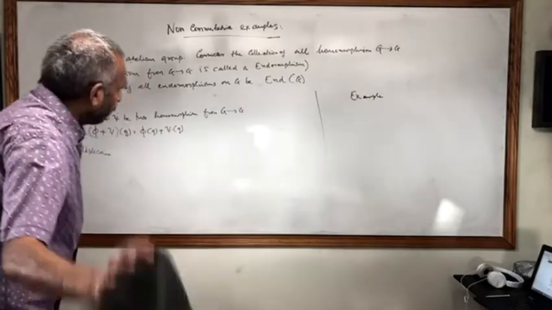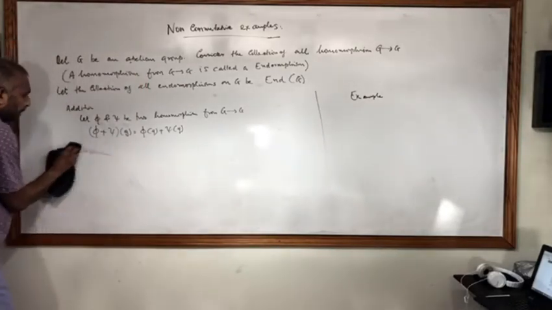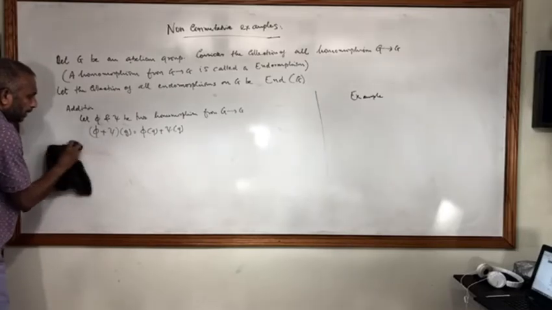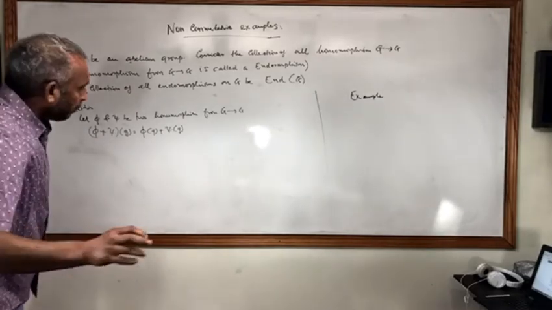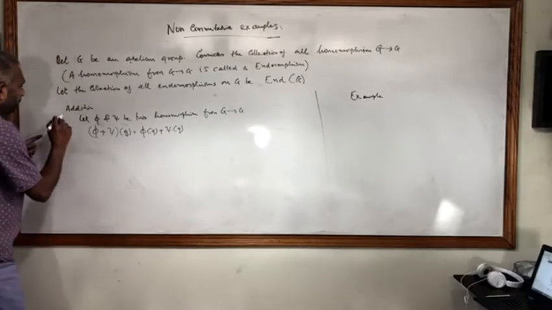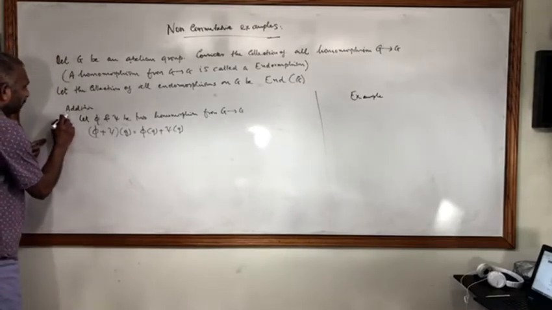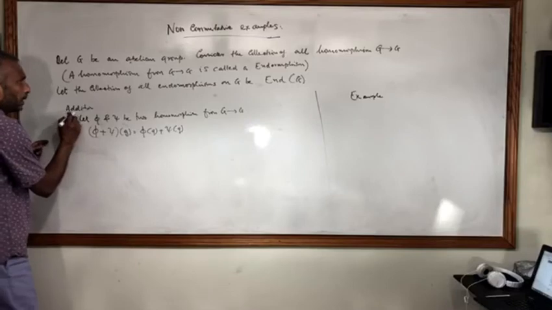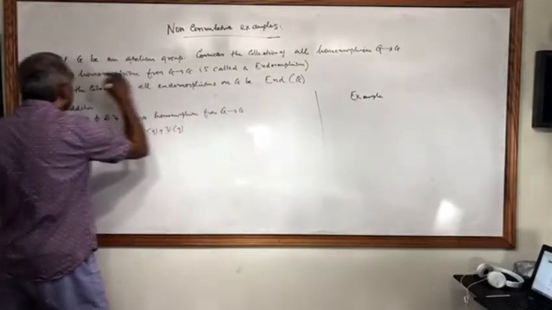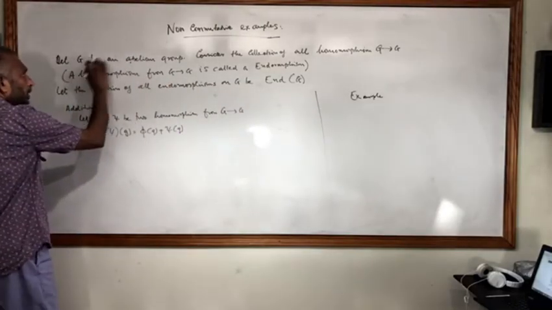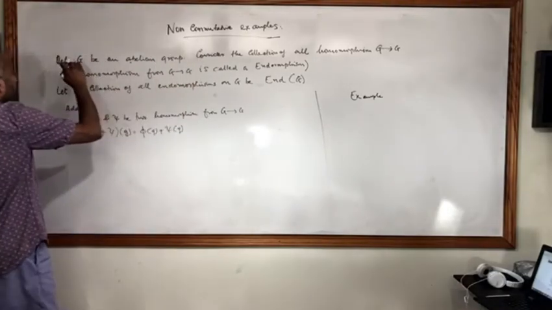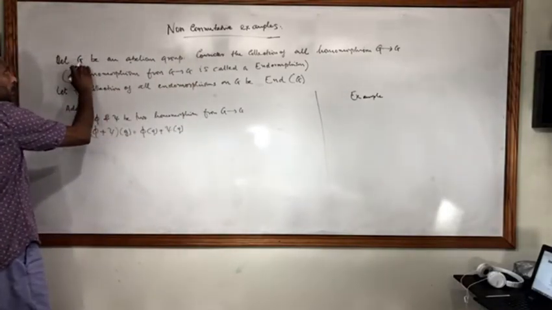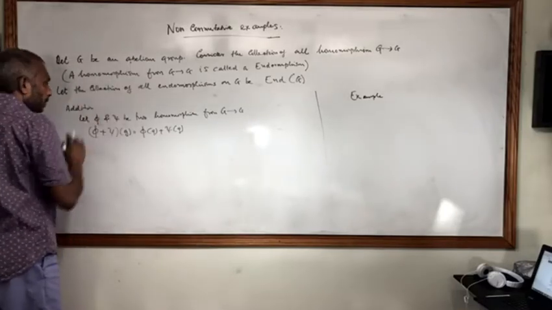There are a lot of verifications needed here. I am not going through each and every verification. These are all very straightforward. First thing we need to prove is that with this addition, the endomorphisms form an abelian group. Even for non-commutative examples, the addition part is actually an abelian group.